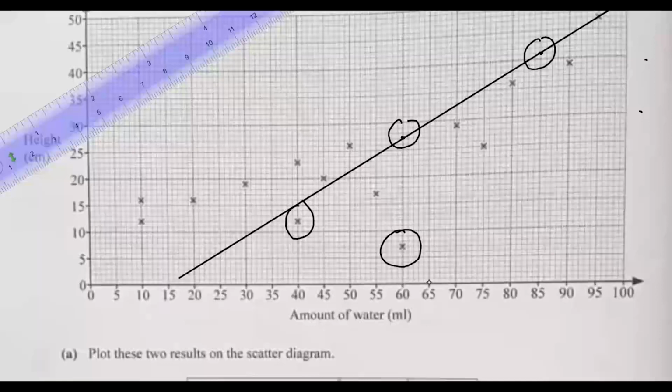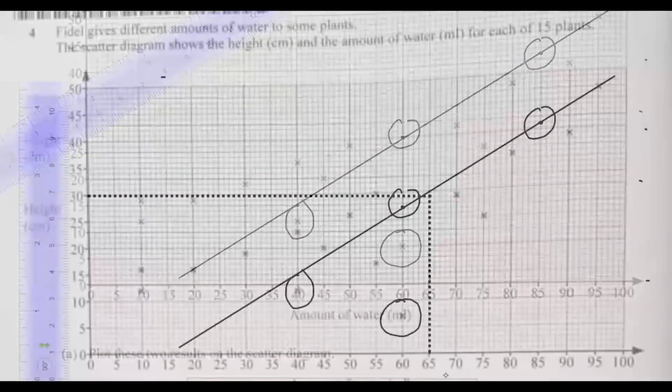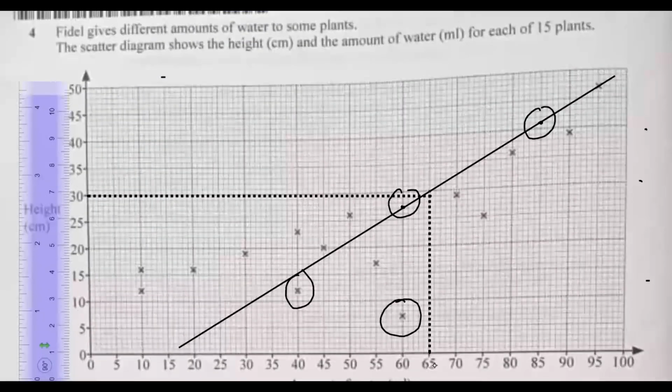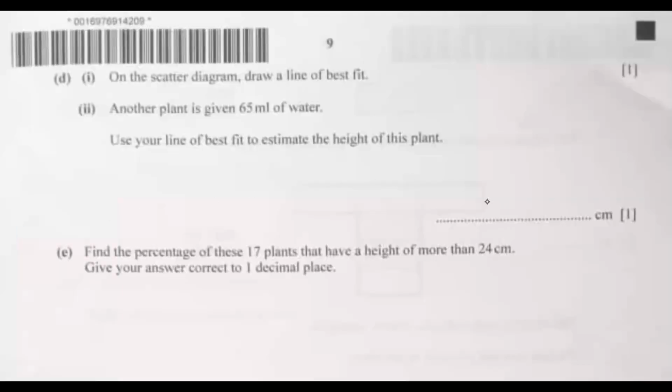So if you trace it up gently like this, you can do that, or you can simply make use of a ruler. So if you trace the 65 milliliters to the line of best fit and trace it to the corresponding height, you see that it is 30 centimeters. So you can go back to the page and write 30 centimeters here.